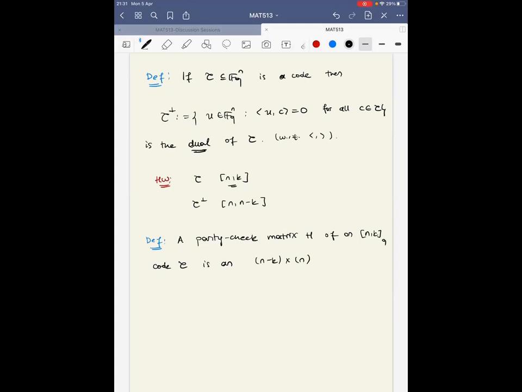It is an (n minus k) by n matrix of rank n minus k.